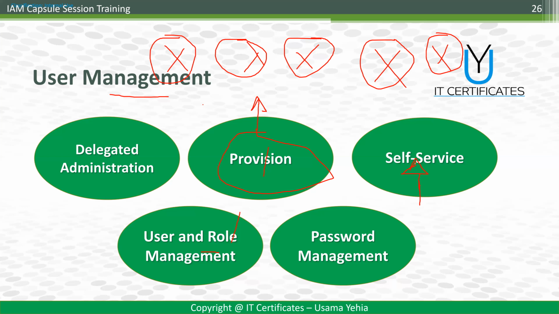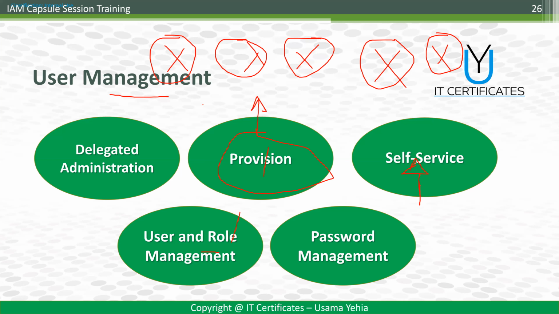With self-service, there will be some attributes which you will allow users to change without control. He can define his address, mobile number, email, whatever, any such information.